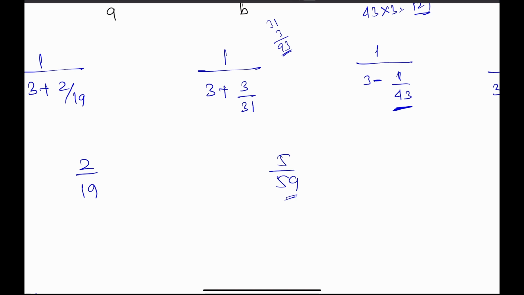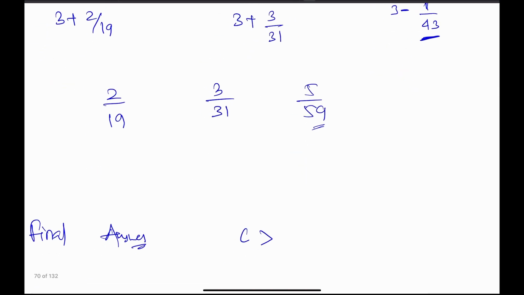So 3 by 31 and 5 by 59. I can say this much for sure, that this is somewhat equal to 3 by 30, so 1 by 10. But the others are not near to 1 by 10.